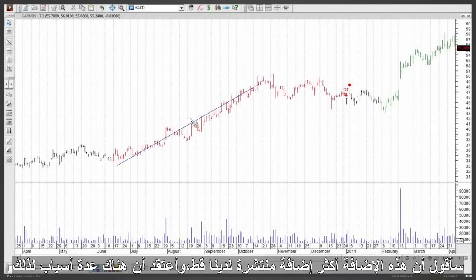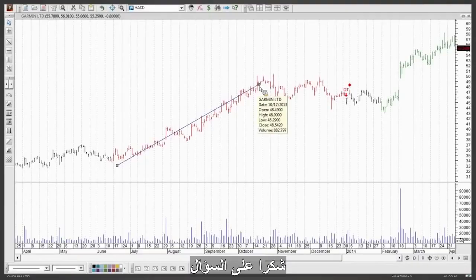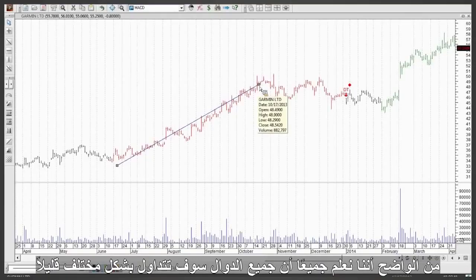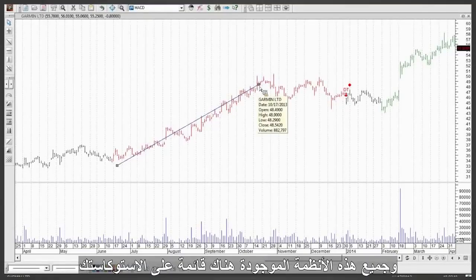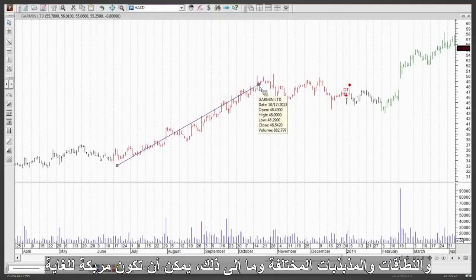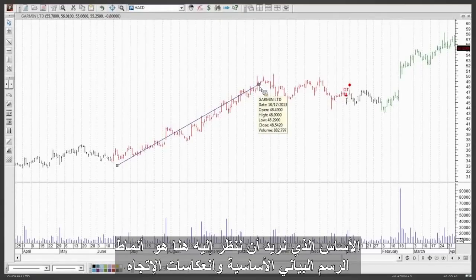I would say that this add-on, yes, it really is the most popular add-on we've ever had, and I think there's a couple of reasons for that. Thank you for the question. The instruments are all, obviously we know they're all going to trade a little bit differently, and all of these systems out there based off of stochastics and different bands and oscillators, etc., can be pretty confusing. The basis we want to look at here, and kind of getting back to basics, are basic chart patterns and trend reversals.